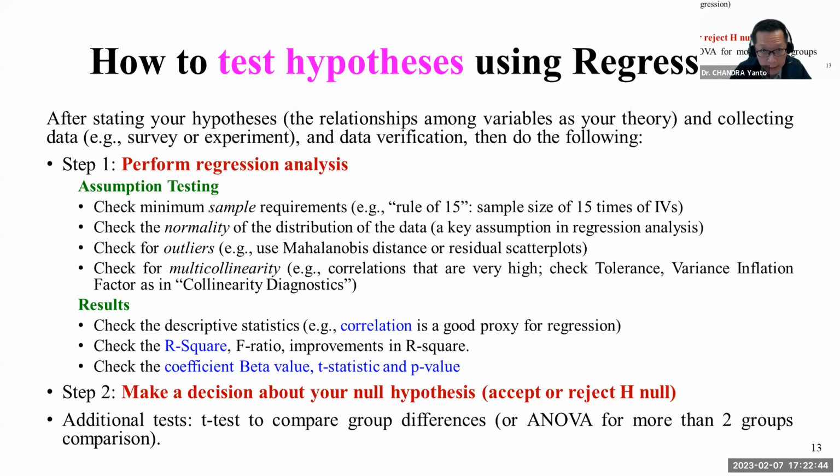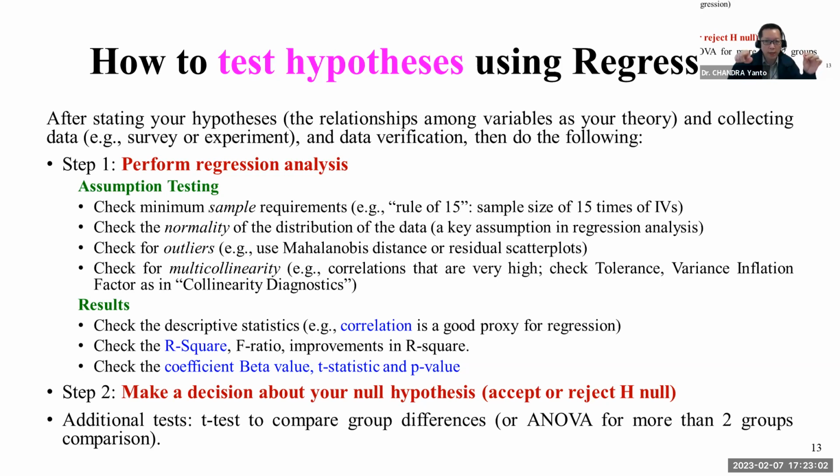So importantly, why do we do regression? Because we want to test hypotheses, right? Before we even use regression, you should have already stated your hypothesis. Remember, we talked about this two or three weeks ago.